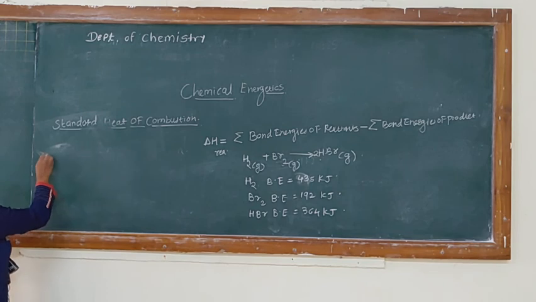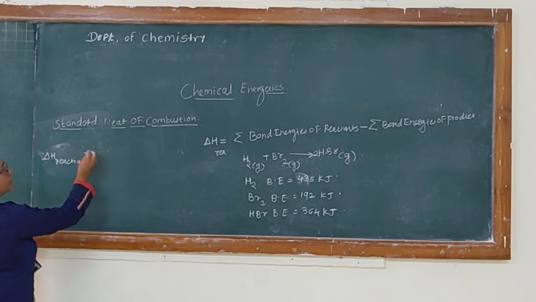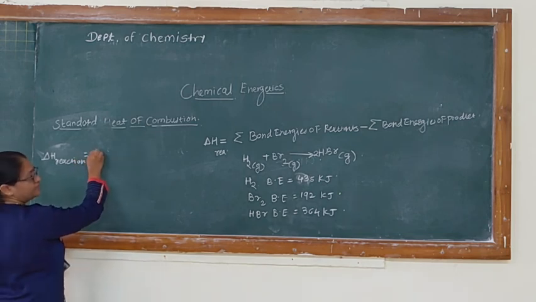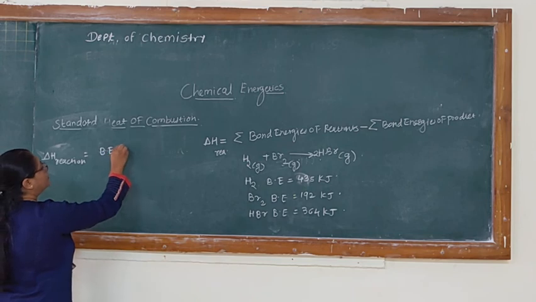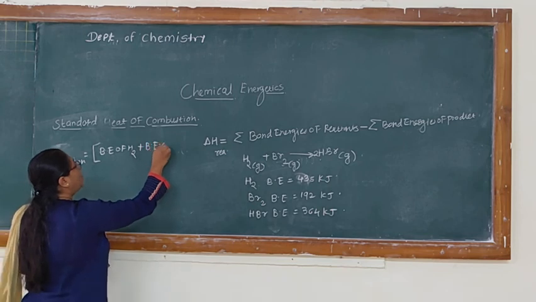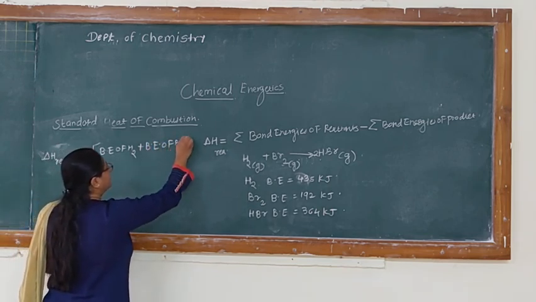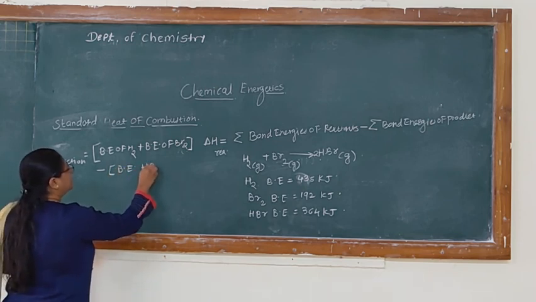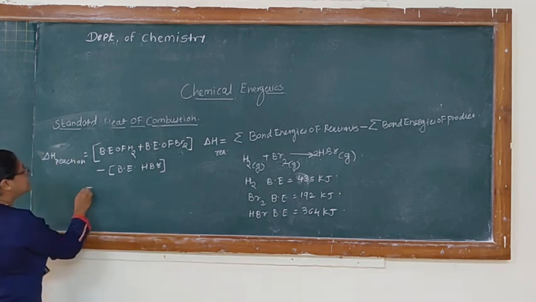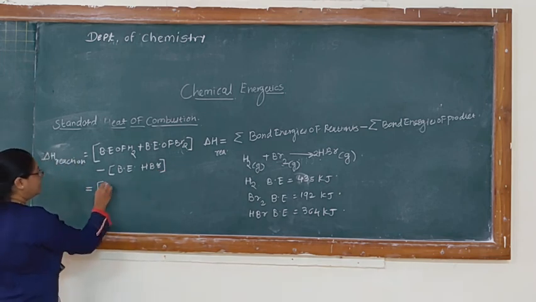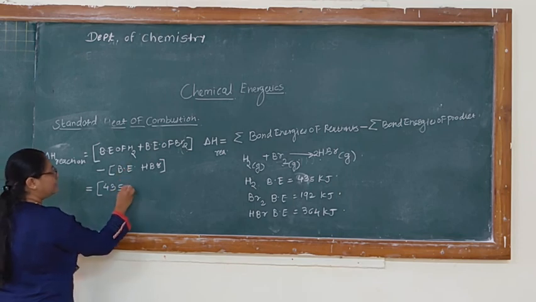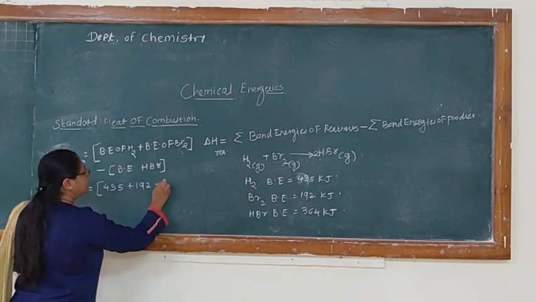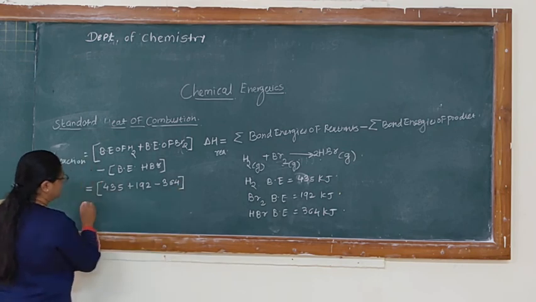Therefore, delta H for the reaction is equal to bond energy of hydrogen plus bond energy of bromine minus bond energy of HBr. So let's just put in the values: 435 plus 192 minus 364.